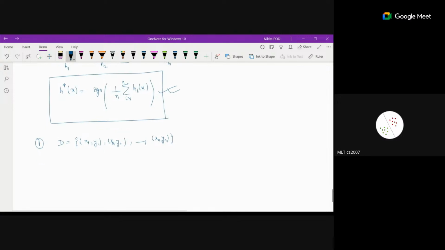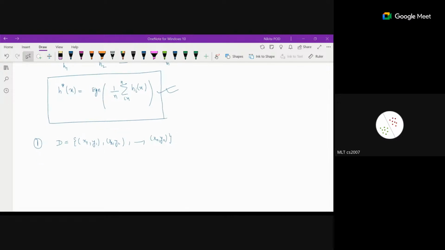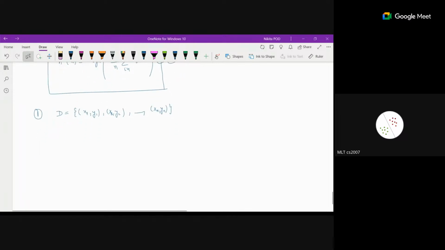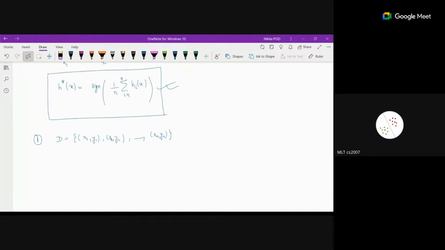If this is my data set and I have n independent data points, and I want to use this averaging method, we can equally split this data set into m parts. So let's say this is the first part, second part, third part, all till m parts.